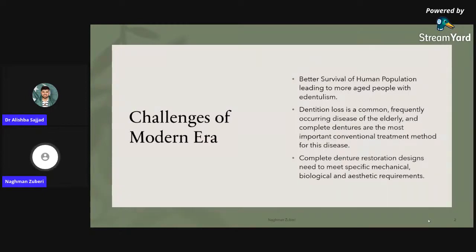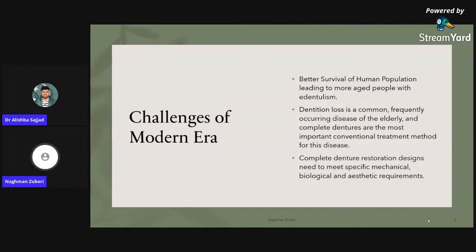First of all, what is happening nowadays? There is better survival of the human population because of advanced life support modalities and technologies, and definitely the average age of human beings has increased. So it is leading to more aged people with edentulism. The reason is teeth get lost because of negligence, especially in later ages because of chronic periodontitis.